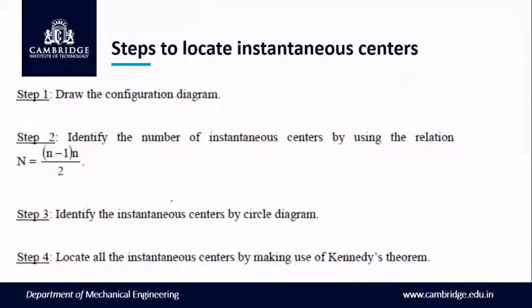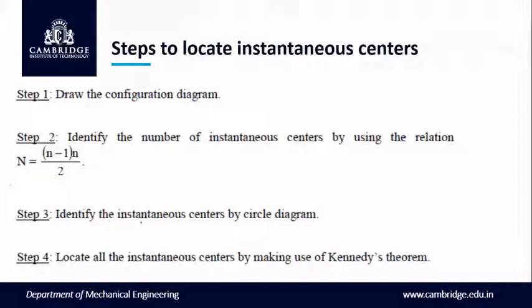The steps to locate instantaneous centers are: first, we need to draw the configuration diagram considering a suitable scale. Later, we need to identify how many instantaneous centers are to be identified using the equation capital N is equal to small n multiplied by n minus 1 divided by 2, where small n is the number of links and capital N is the number of instantaneous centers.